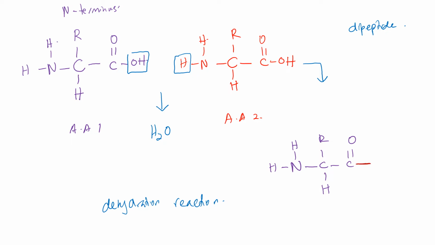So carbon will form a bond with the nitrogen atom. Okay, so nitrogen, you have removed one hydrogen atom, so you just draw one hydrogen that is joined to the nitrogen. So the carbon, the side chain, the H, and then the carboxyl group. Okay, so I don't have enough space there.